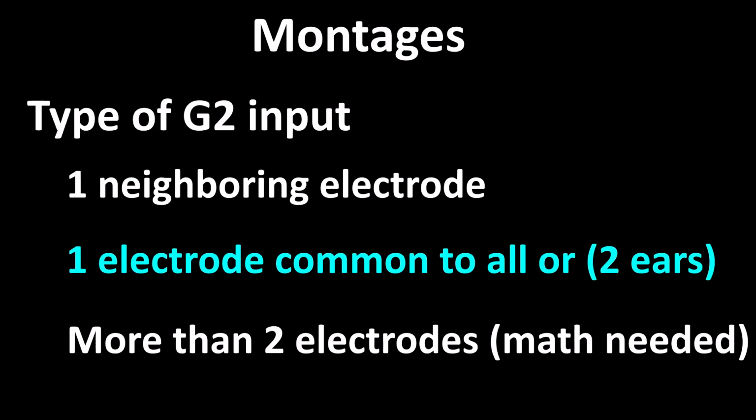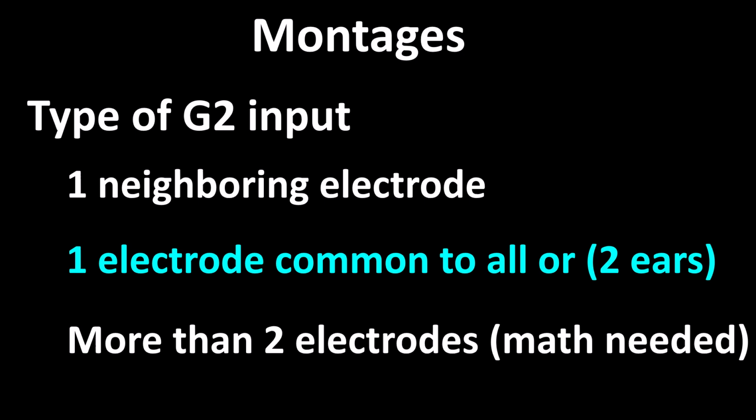The second group consists of montages that have the input 2 of each differential amplifier also connected to a single electrode, but this electrode is common to all the differential amplifiers.